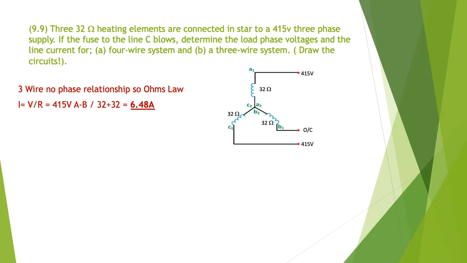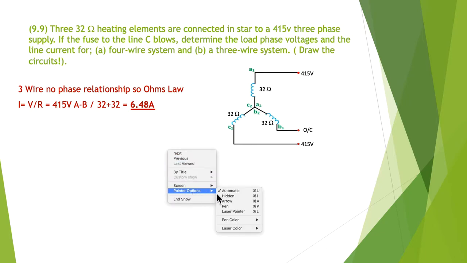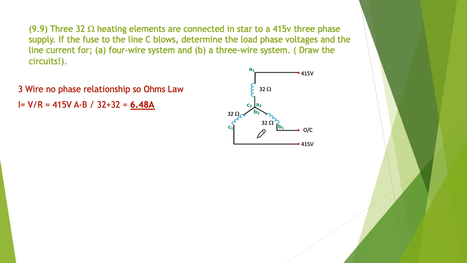So here's the first one. 3-wire, so there's no phase relationship, so we're going to have to use Ohm's law, and I'll show you how we did that. Here's our star connected system. I've labelled the 32 ohms for each of the phases, and we've got 415 volts.